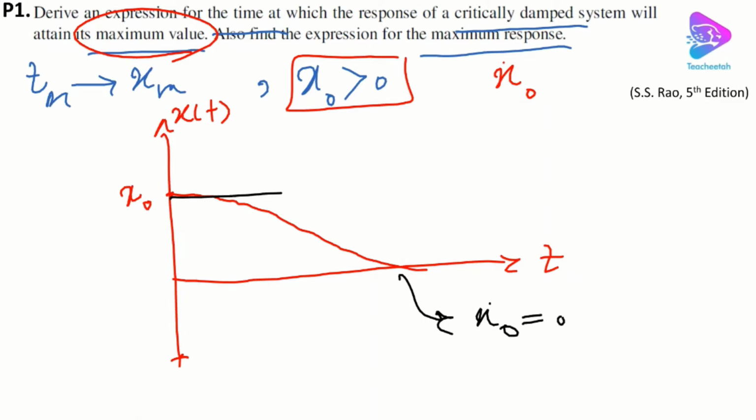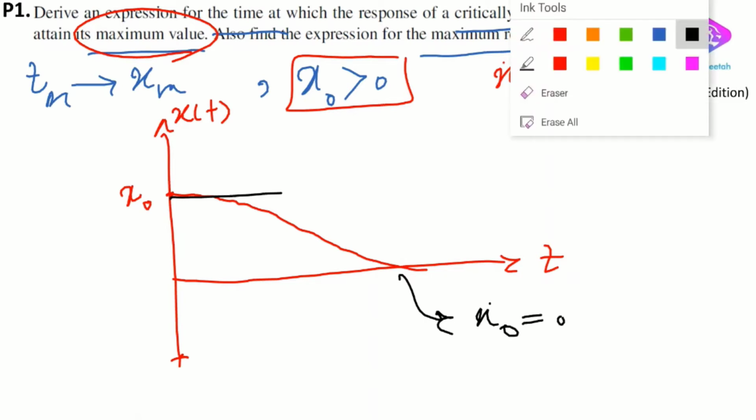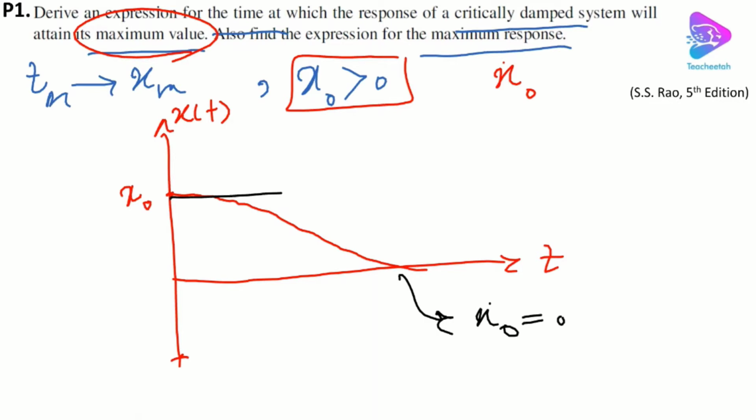Now let's imagine the case that x dot naught is negative, so the slope is negative. The system would be something like this, right? So the slope is negative, which means that this case is for x dot naught less than 0.